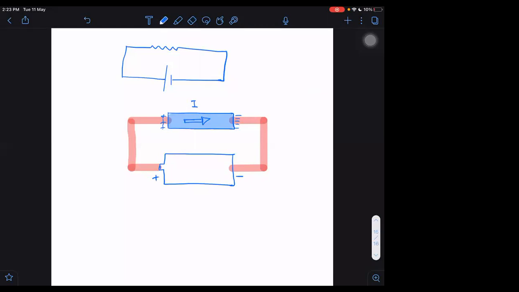Anyway, when this current flows in this closed loop, the EMF is equal to the line integral of E dot dl in the closed loop, and that is equal to the EMF of the battery.